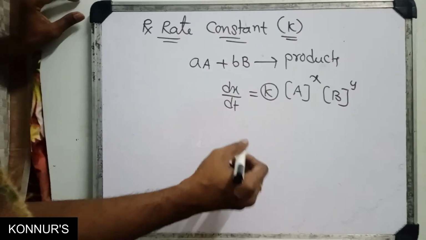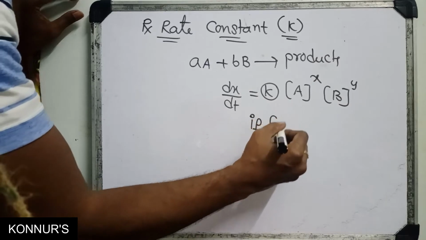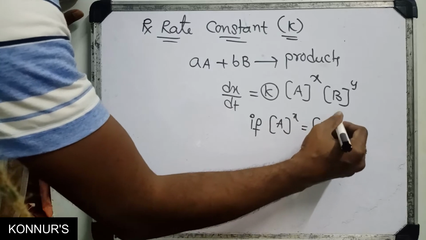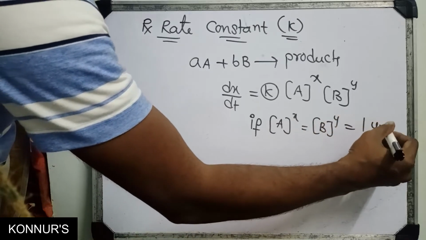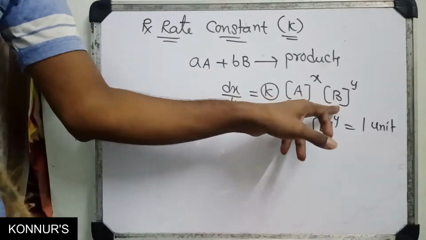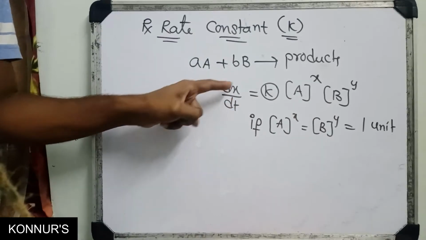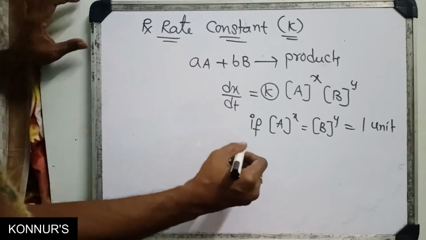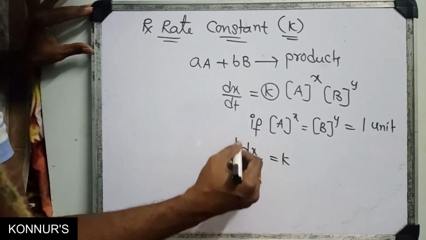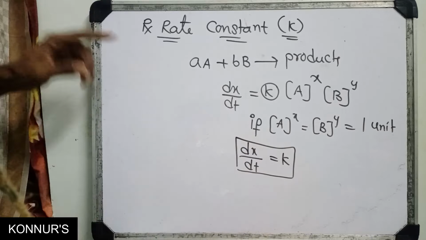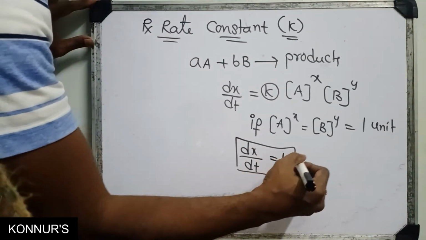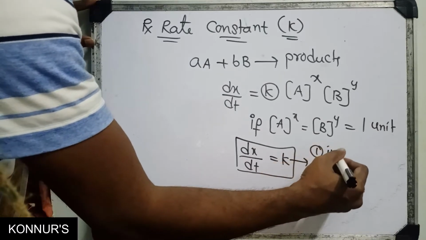How can we define it? If the A concentration equals the B concentration equals 1 unit, that is, unit concentration of reactants, then the reaction rate equals K. Dx by dt only you call K. That means the K value is independent of initial concentration.